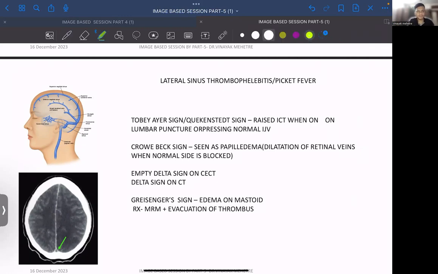Again, they will give the same CSOM story. Remember this: whenever you are getting a question on lateral sinus thrombophlebitis, they will add the features of fever with papilledema. Edema where? In the eye, so there will be blurring of vision.